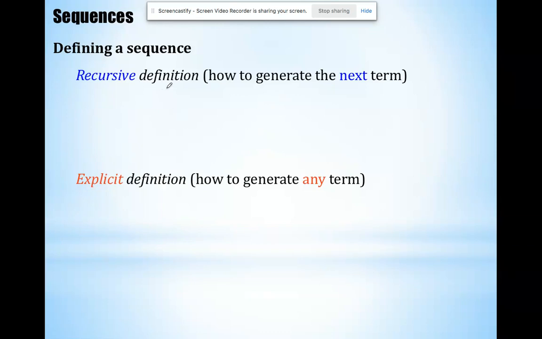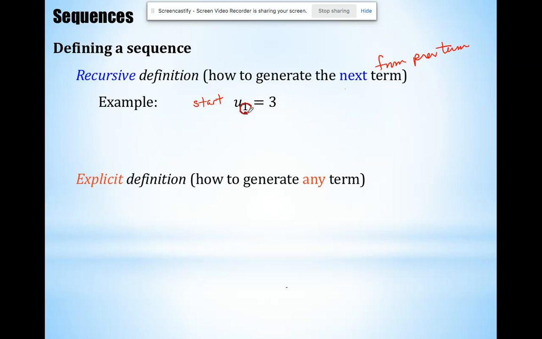So a recursive definition, when you're defining a sequence, is a rule for how to generate the next term from the previous term. So for example, I give you a place to start.